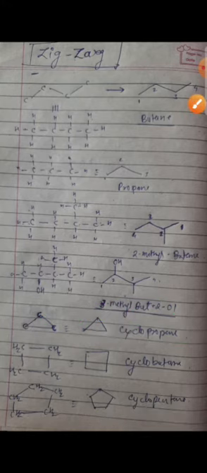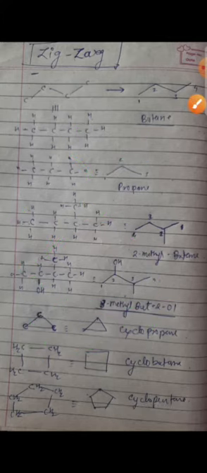Simply we can write carbon, carbon and carbon, with two hydrogens on each carbon. Two hydrogens will make the valency satisfied. This kind of structure is the simple structure of cyclopropane, and the zigzag structure is like this. This is the zigzag structure of a cyclopropane chain.